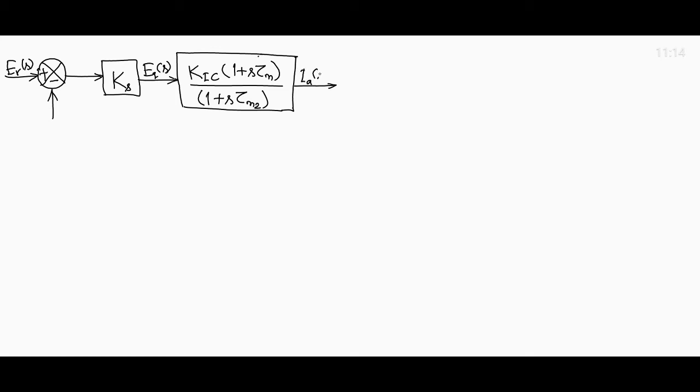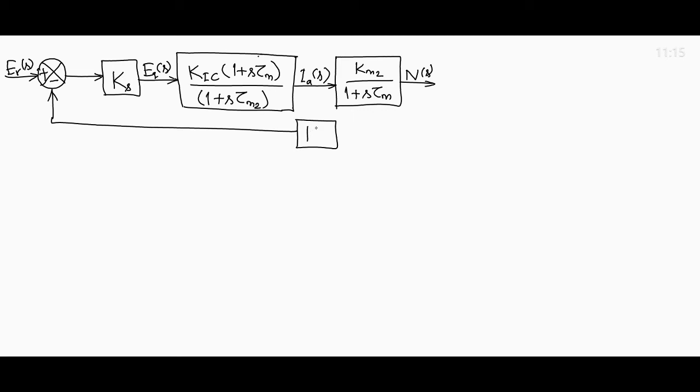Input is the reference current EIS and output is the actual current IAS. And then we have another block whose gain is Km2 divided by 1 plus S tau m. The output of this block is the speed Ns. This is the tacho generator KT giving the speed feedback. So this is figure 6. In this figure, the speed transfer function is Ns by ERS, where Ns is the actual speed and ERS is the reference speed.